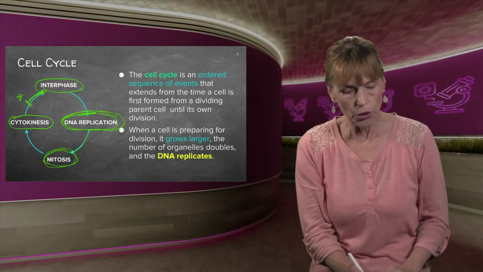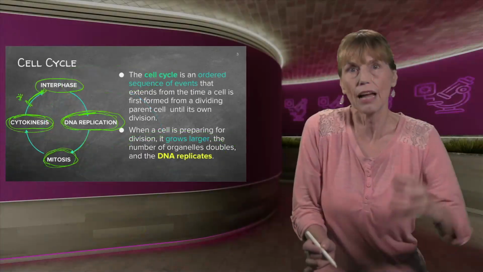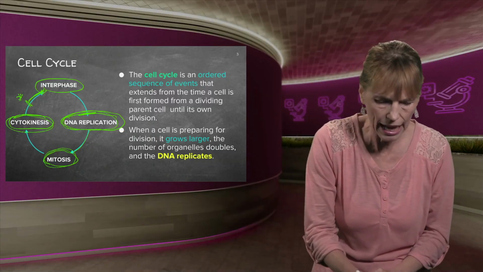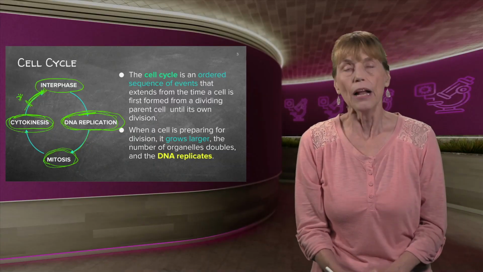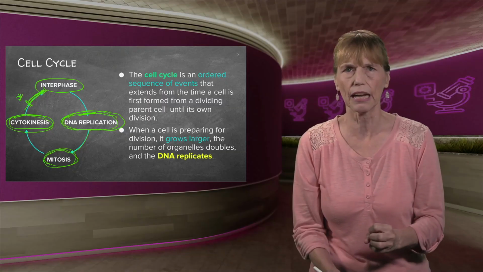But then you do cytokinesis, and that is where you get yourself an extra fridge and some more people to work in your restaurant. And then once you've done that, your old restaurant still works and the new one carries on, and interphase again. So interphase is where the cell does cell stuff. And please don't write down where it does cell stuff.